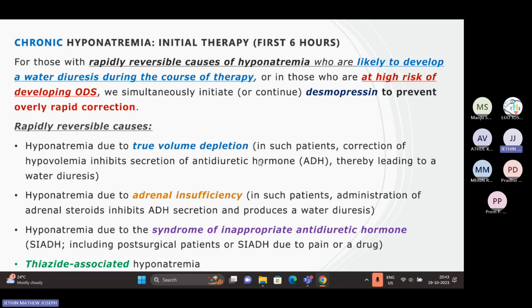So in all these cases, there is a risk of overcorrection. According to the protocol followed elsewhere, along with 3% hypertonic saline, you give desmopressin also to prevent this rapid overcorrection. Desmopressin is basically a substitute for ADH, and it is going to absorb water. So it is going to prevent overcorrection.